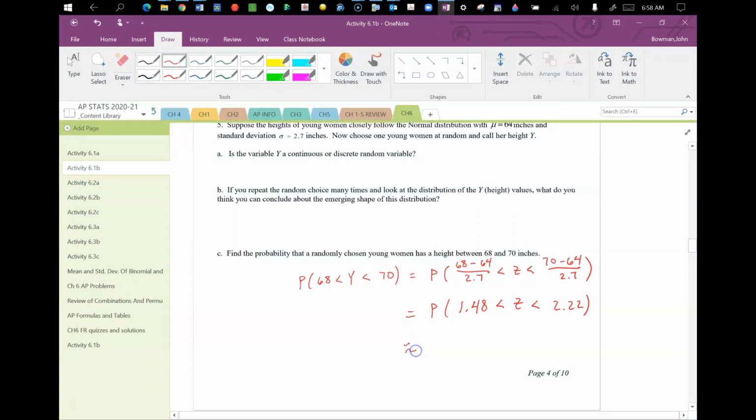So this is approximately 0.056, or a way of interpreting that is approximately 5.6% of women have heights between 68 and 70 inches.